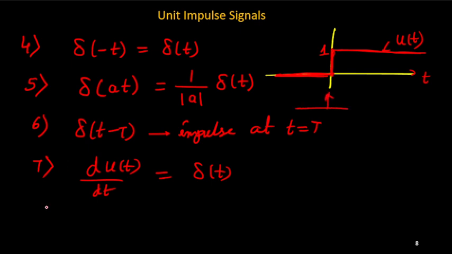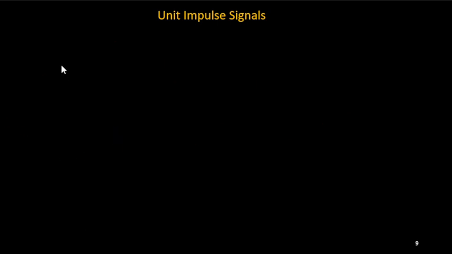Okay, so in the opposite way, if you integrate del t dt from minus infinity to a certain time t, then you will be getting u of t, the step signal. And there are more applications. We will be discussing convolution, but not right now. We will just give you the property for that.